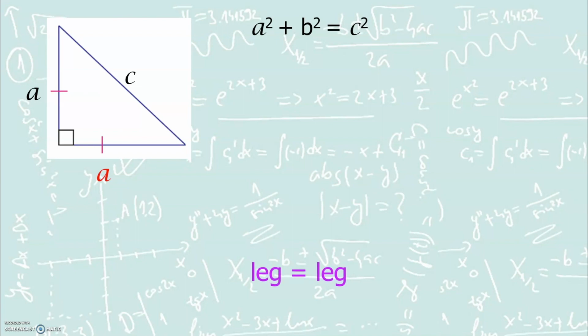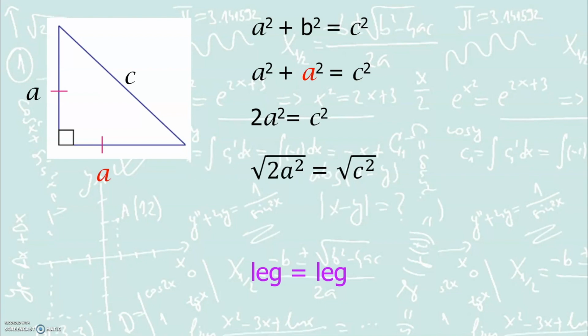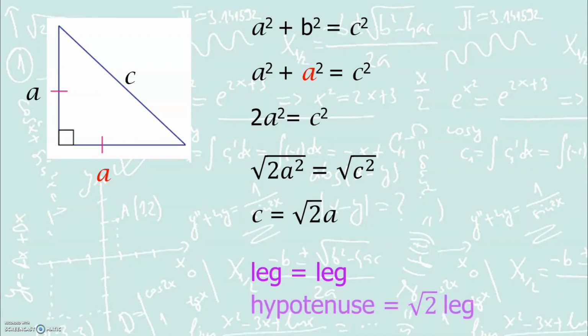So now we can apply Pythagorean theorem. We can let each leg be A and then solve for our hypotenuse. As we solve, we realize that C is equal to the square root of 2 times A, and therefore the hypotenuse is equal to the square root of 2 times the leg.